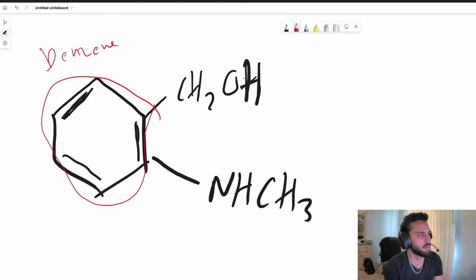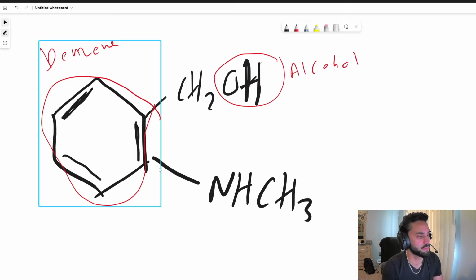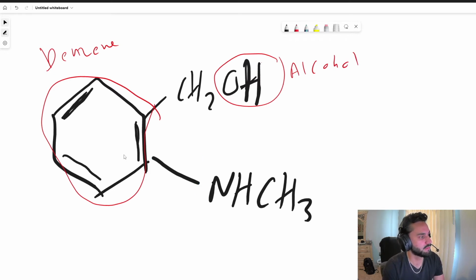The OH group here we call an alcohol functional group, and then this ring has attachment with this nitrogen group, and the nitrogen is attached to this carbon. This nitrogen attached to this carbon and the ring, we call this an amine functional group.